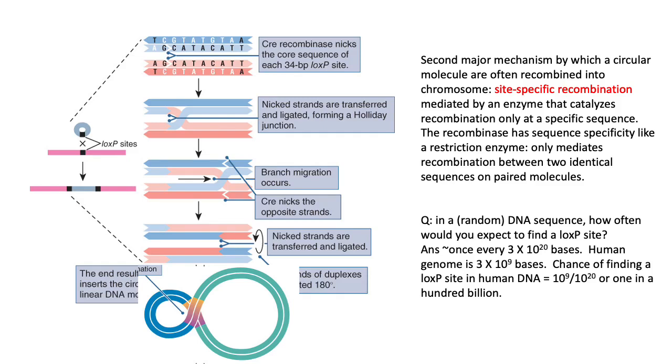It's the same process, but it's being done by an enzyme. The stretches of those double helices that are one strand red, one strand blue, those are within the 34 base pair LoxP sequence. So they are still identical in sequence, it's just that one strand had been on the other strand.